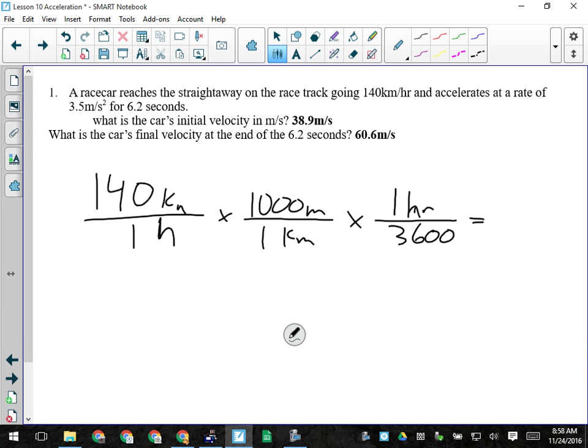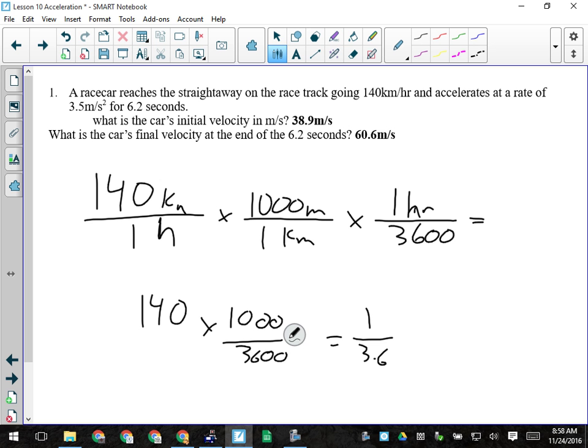So I'm going to multiply 140 by 1,000 and then divide it by 3,600. The shortcut on this is to say that's going to be 140 times 1,000 over 3,600. Well, I can get one conversion factor out of that. If I divide each of these by 1,000, I get 1 over 3.6.